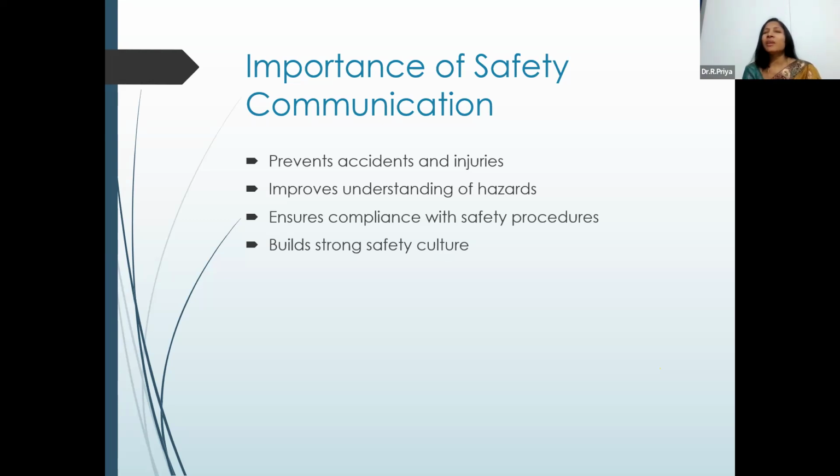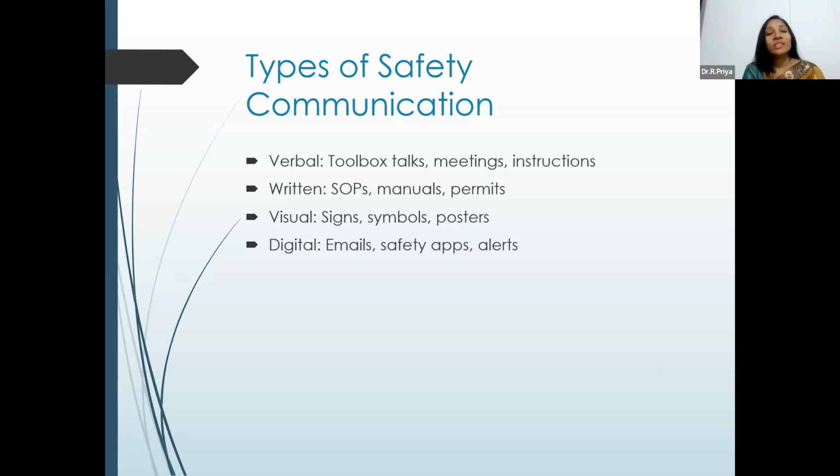For example, when engineers regularly conduct toolbox talks and encourage workers to report near-miss incidents without fear, it creates trust and promotes a proactive safety mindset. So effective safety communication not only prevents accidents but also creates a culture where safety becomes a shared responsibility.